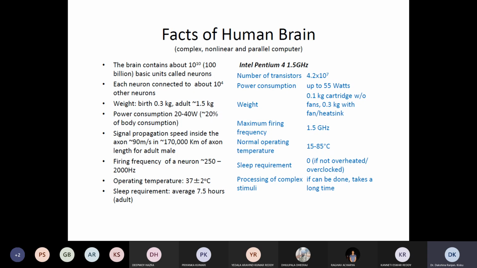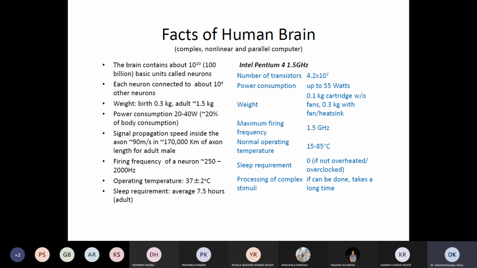If we compare the computer CPU with the human brain, we can see that the capacity of the human brain is much more than that of a computer system. So here the brain contains about 10 to the power 10 basic units which are called neurons. Okay, and each neuron is connected to about 10 to the power 4 other neurons.